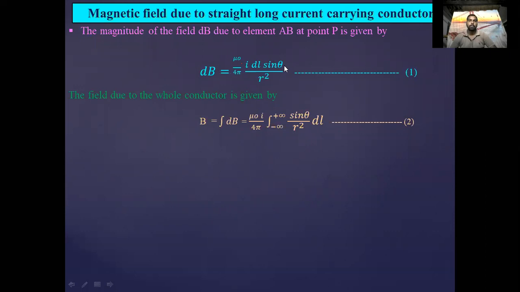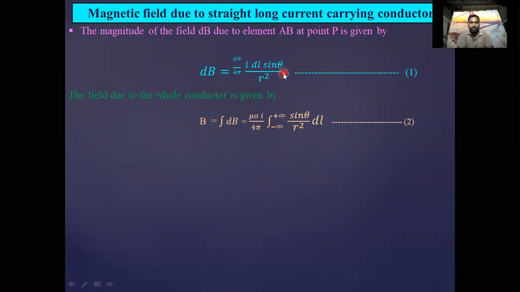This is according to the Biot-Savart law, which is applicable to a current-carrying conductor of any arbitrary shape. This is the dB value for the element AB.